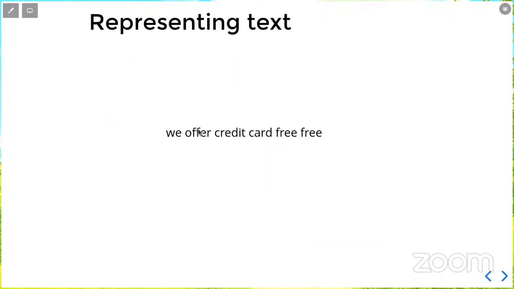So can someone tell me how I can represent text? Frequency of your words. Split every word using the Python split. Okay, split. All right. Frequency of every word. And then we'll have to somehow code it. Frequency of each word. So that will be how many times each word is appearing. Right.